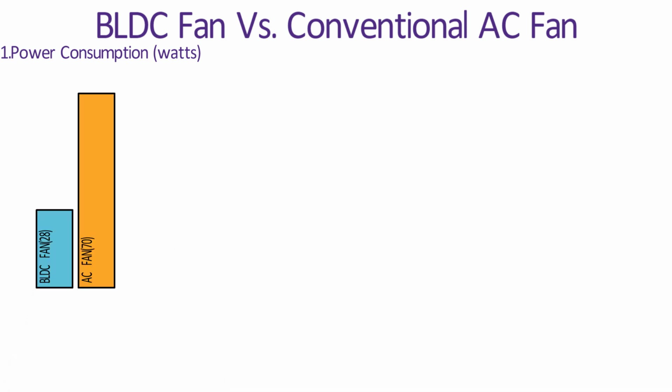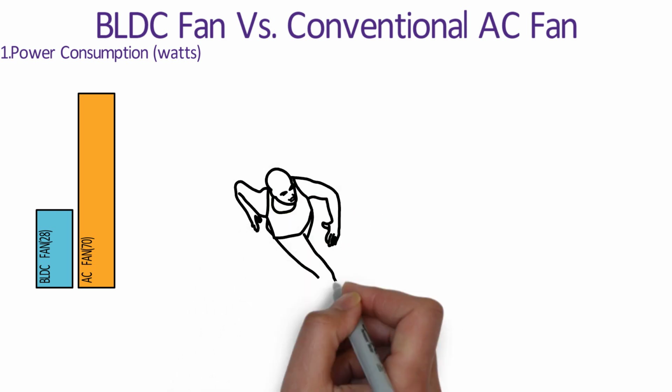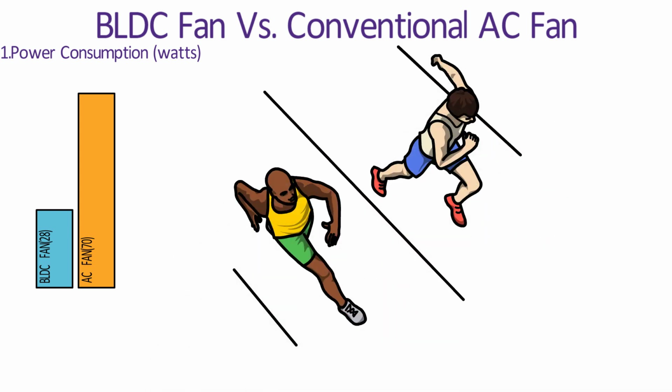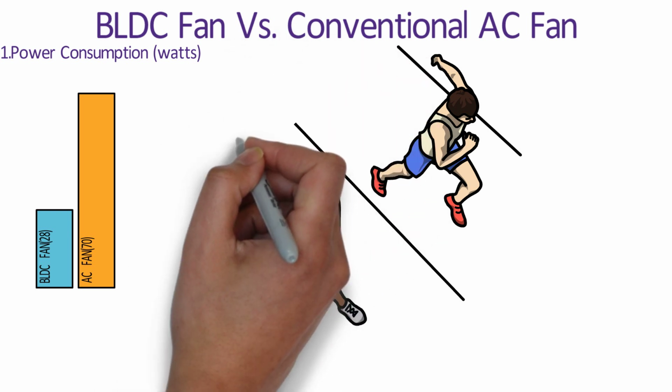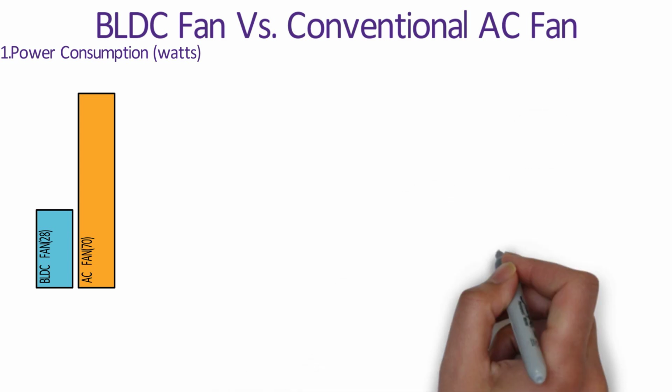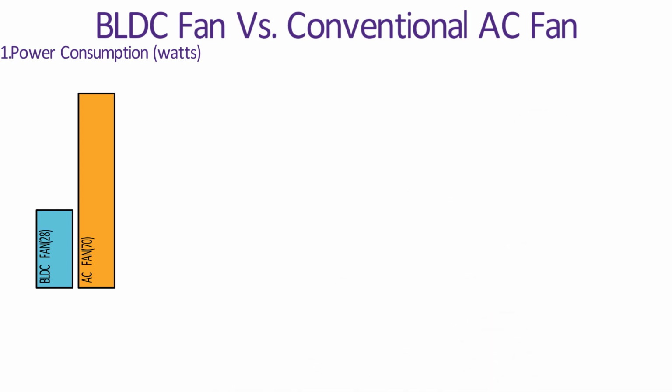But both fans can run at the same RPM range between 380 to 400 RPM and maintain almost same airflow capacity. Important advantage of BLDC is it can deliver consistent performance even during voltage fluctuation. But AC fan speed and airflow reduces during voltage drop. Here thumbs up for BLDC, thumbs down for AC fan.